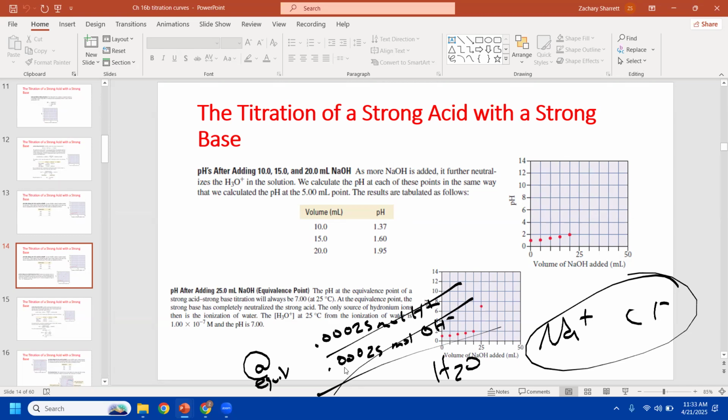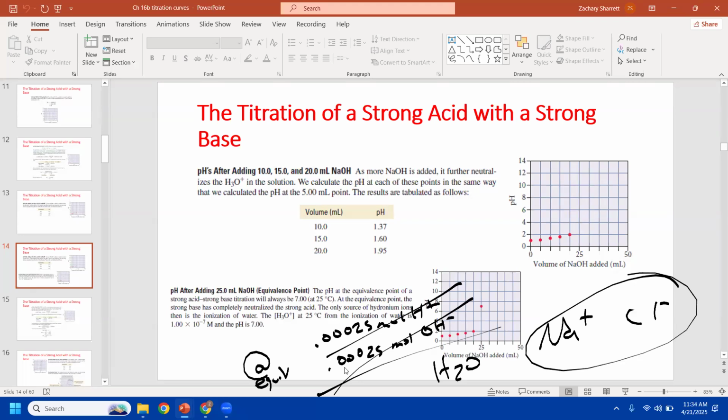What should the pH be? It's more than 6 and less than 8 and a whole number. Nana? 7. What does pH 7 mean? No more acid, no more base, nothing changes the pH.